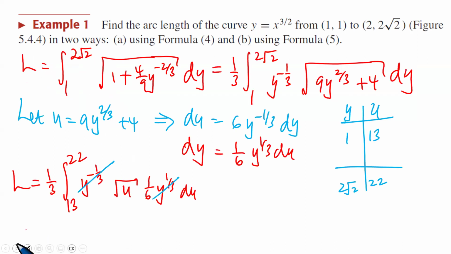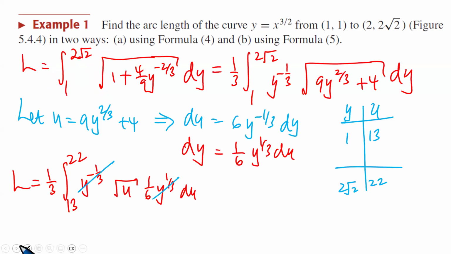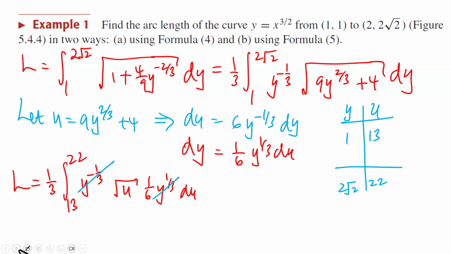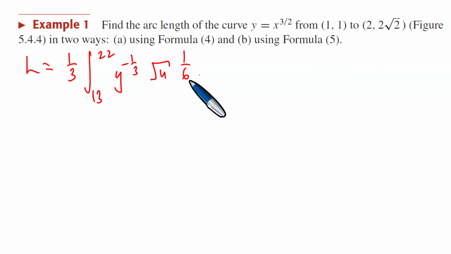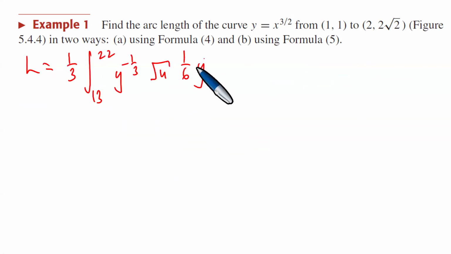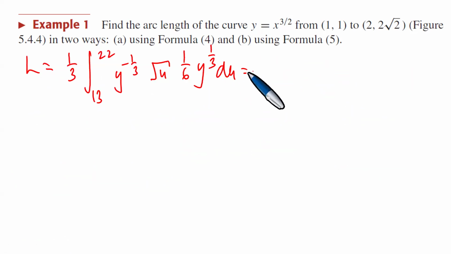And then you have 13 to 22. Y to the power that. So that you have 1/6 y to 1/3 du.